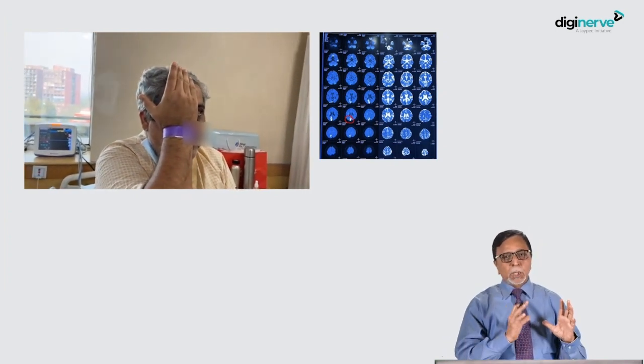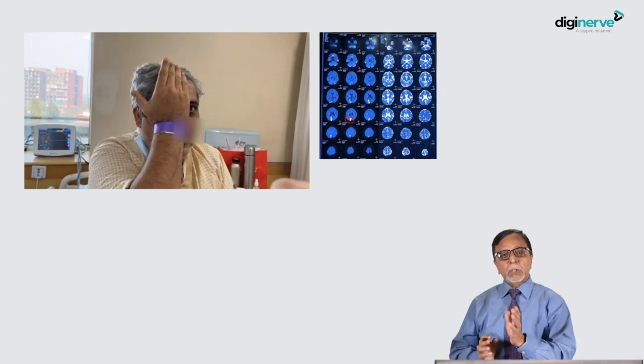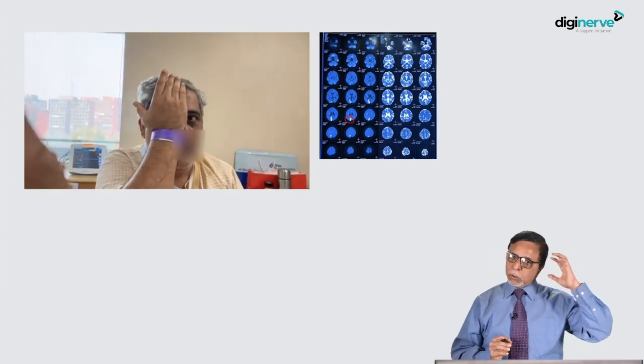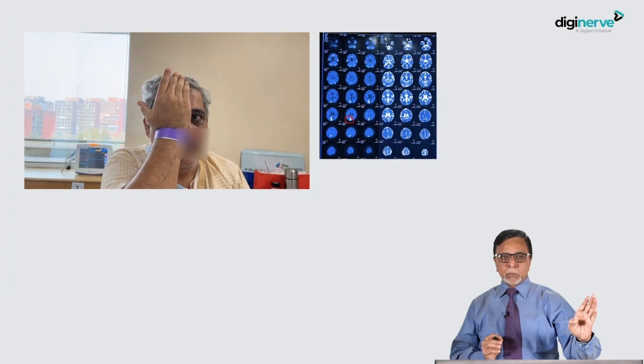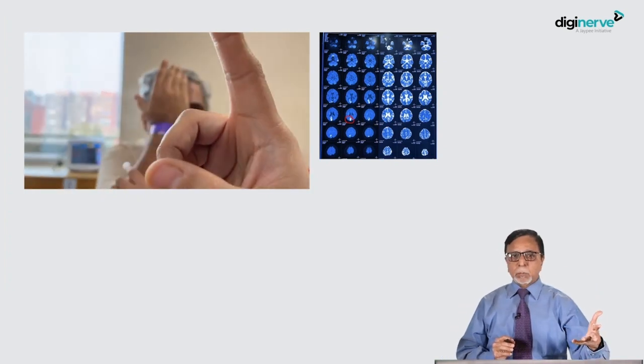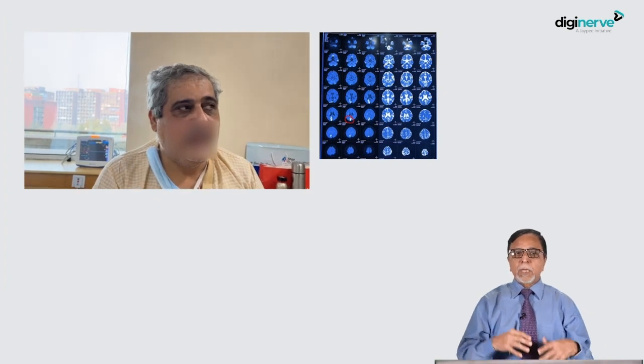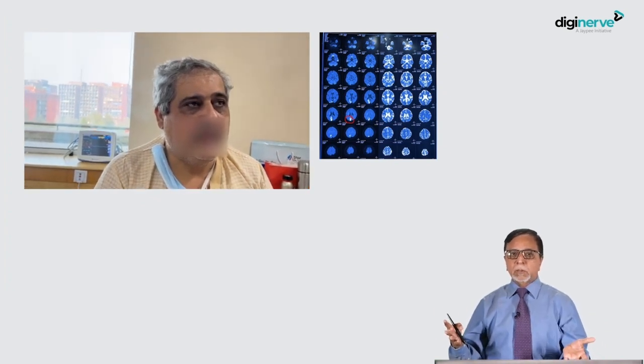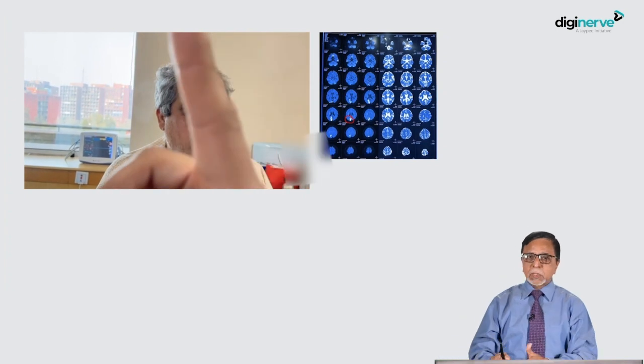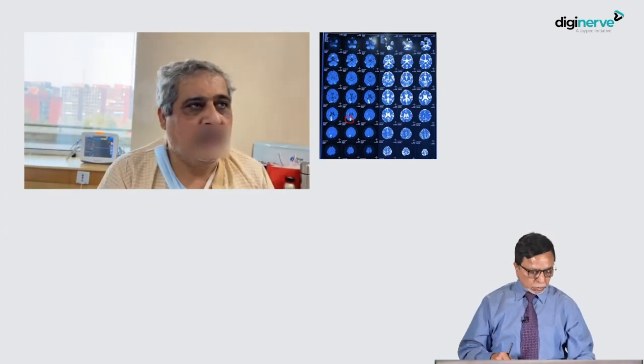Then he had homonymous hemianopia. It's on the right, so he had left side involvement. So the initial history is very important. He has vertebrobasilar insufficiency, which is the equivalent of TIA, or angina as we say in cardiac parlance. So this settled into a posterior circulation stroke.